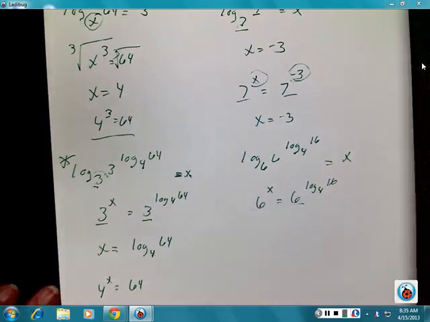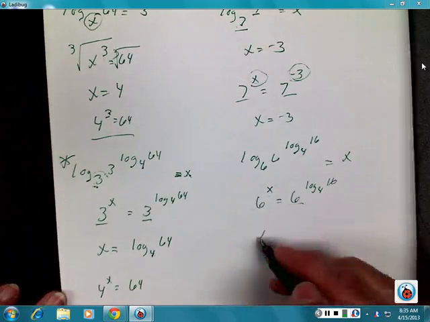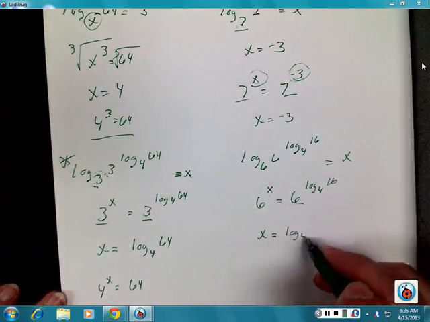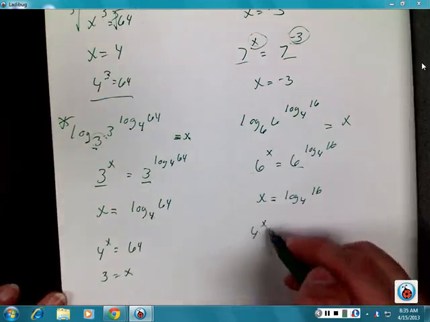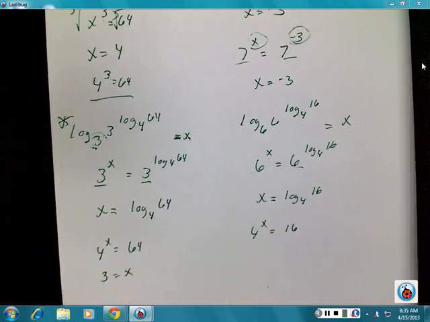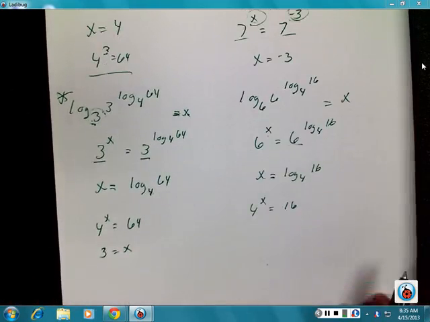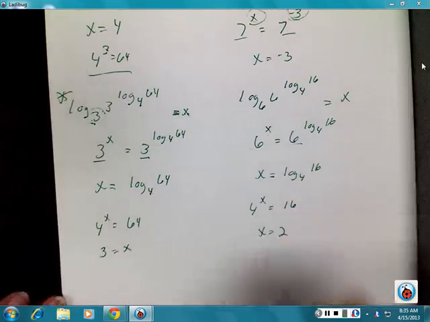Bases match. Exponents become equal to each other. Reverse it. 4 to the x power is equal to 16. And so my answer is? What would be my answer? 2. Mm-hmm. Yep, x equals 2.